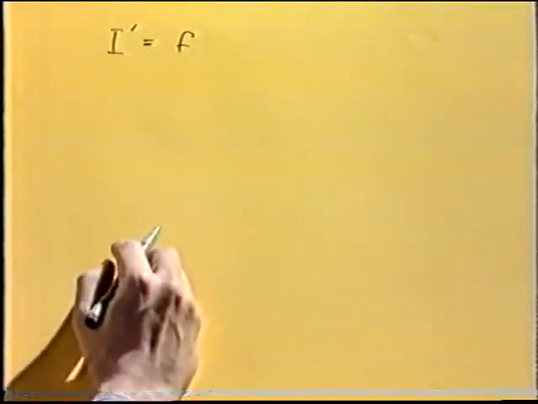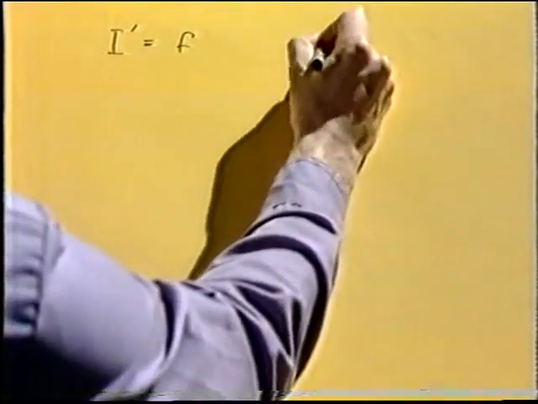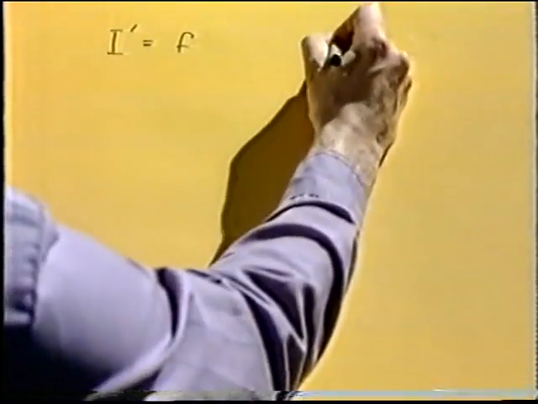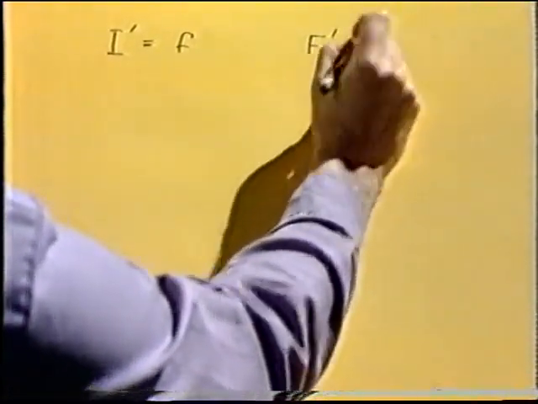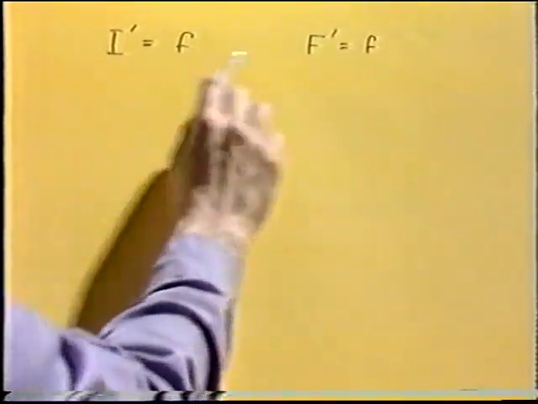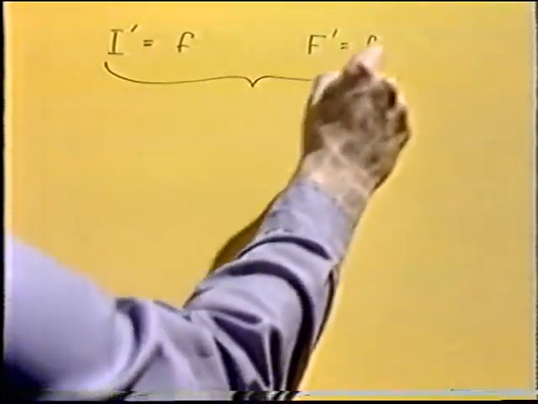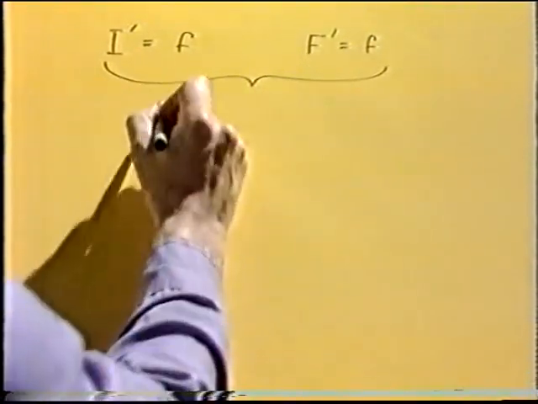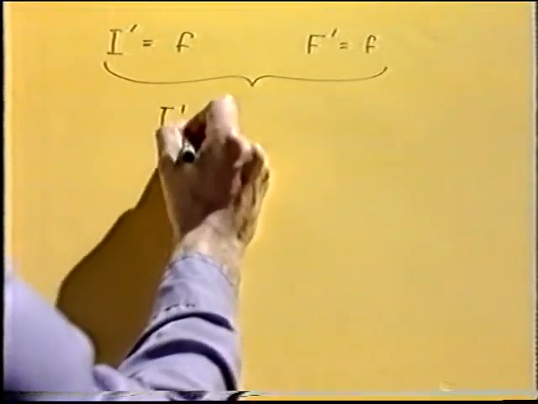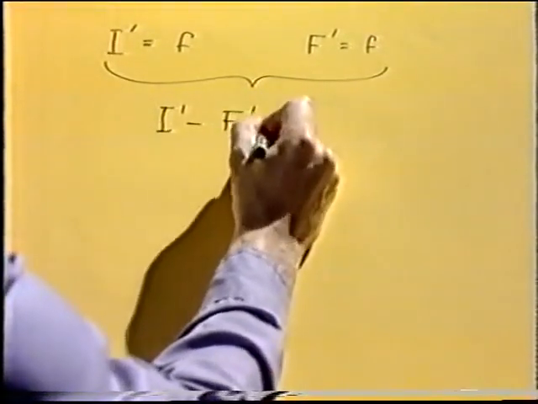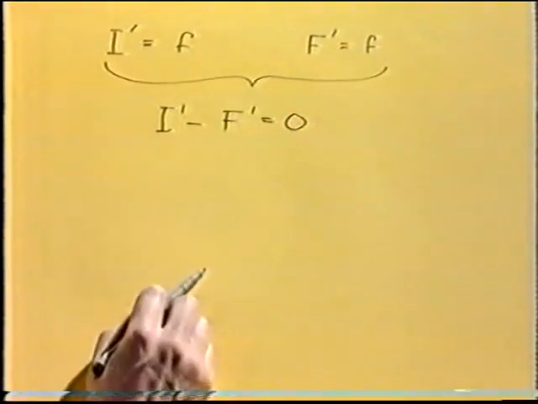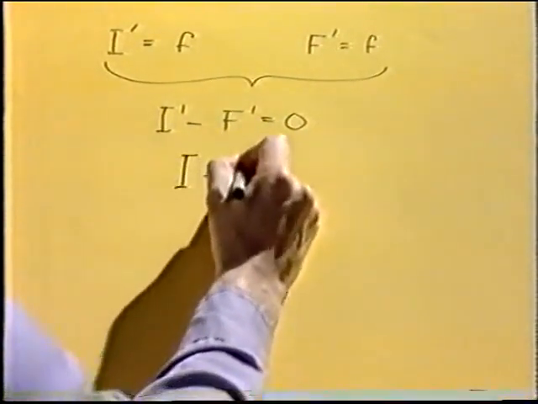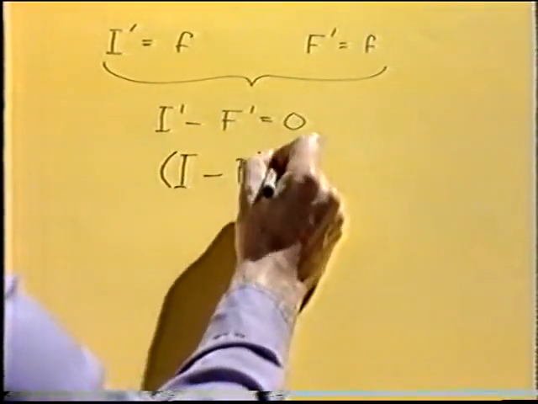Now let's choose any other primitive, big F. Again, being a primitive means big F prime equals little f. Now these two expressions mean that I prime and F prime are equal. In other words, I prime minus F prime equals 0. And that's the same as saying that the derivative of I minus F is equal to 0.